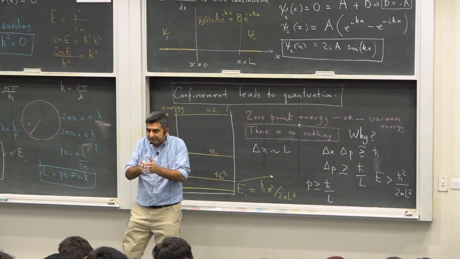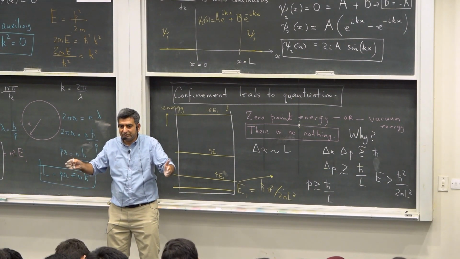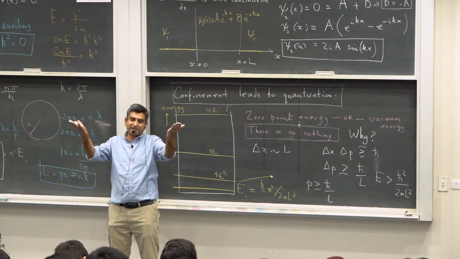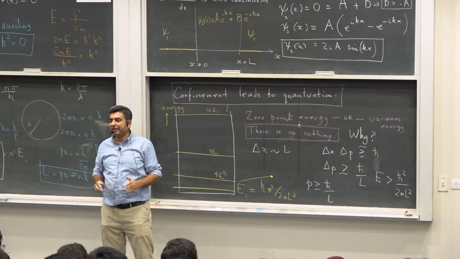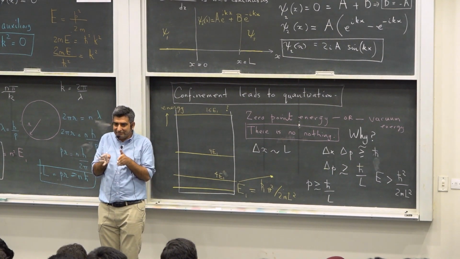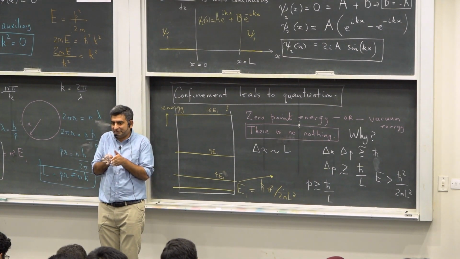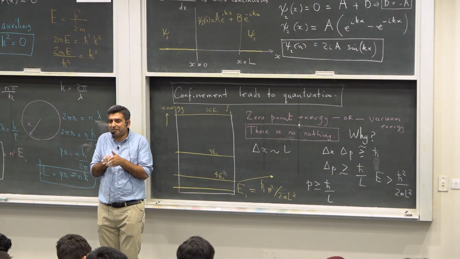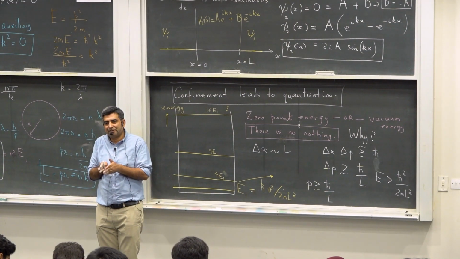Since there is uncertainty in the position, there is a minimum energy the particle must have. And by the way, if you squeeze the particle to smaller lengths, what happens to the minimum, the zero point energy? Does it go up or down? Up.